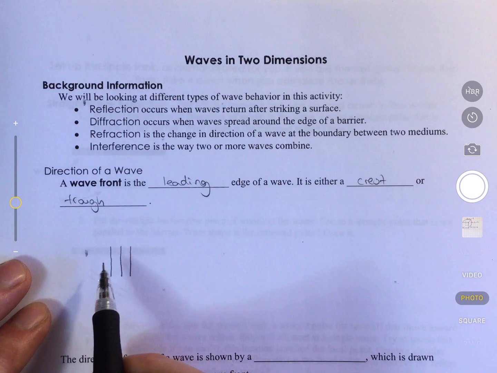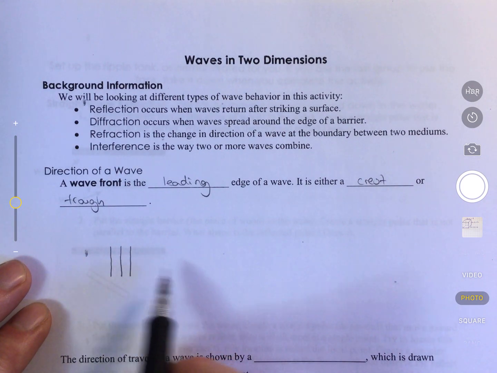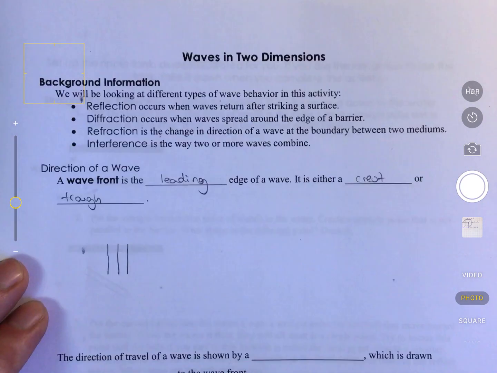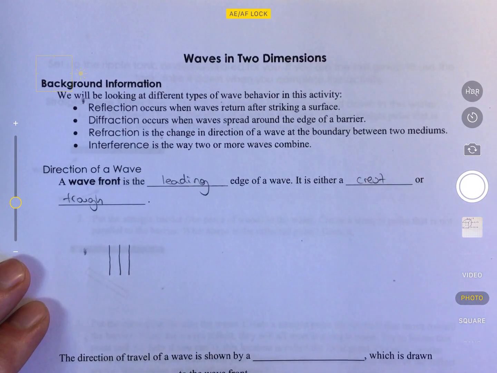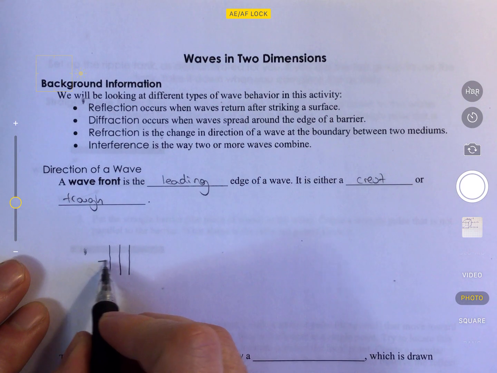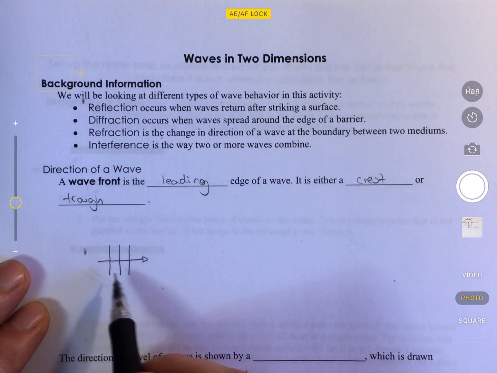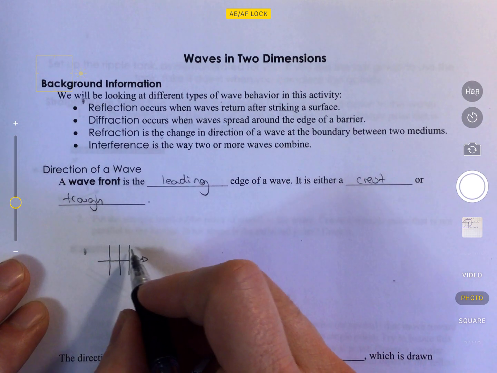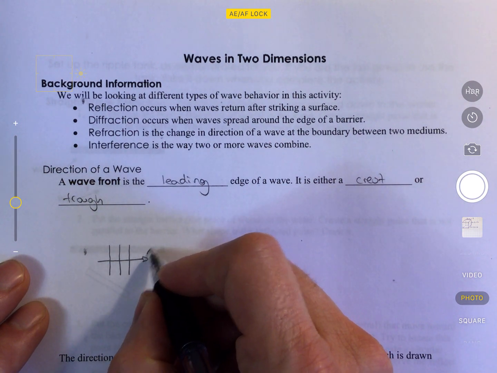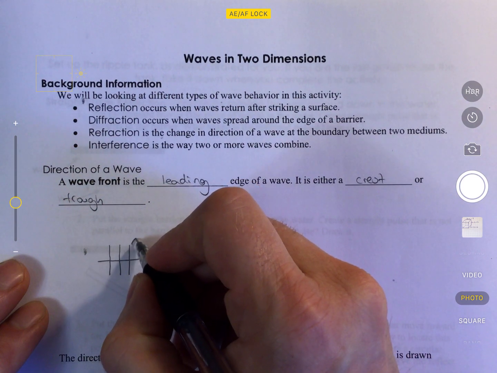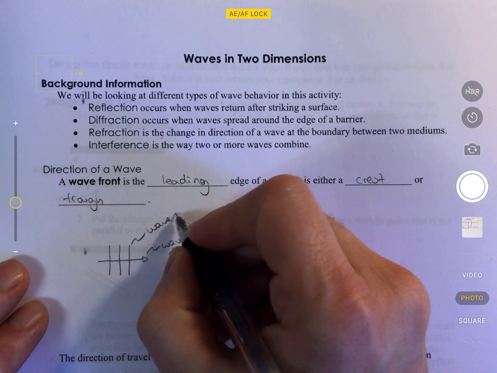And in this case, we have a wave that is either traveling to the right or to the left. We don't know what it would be, and so we need to identify that using a ray. And so this would be our wave ray, and these would be the crests or the wave fronts, we say. So this is the wave ray, and these are the wave fronts.